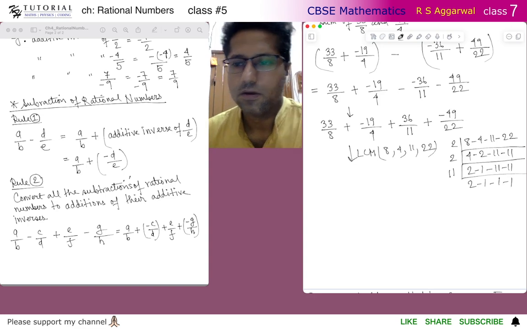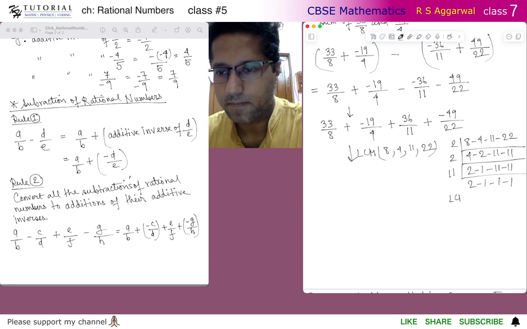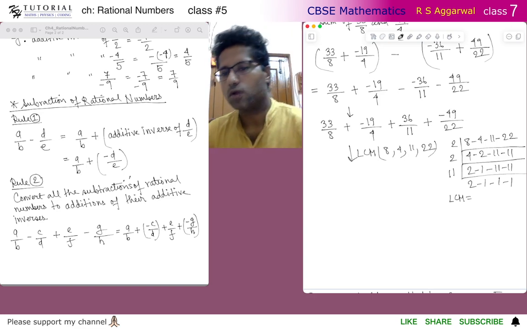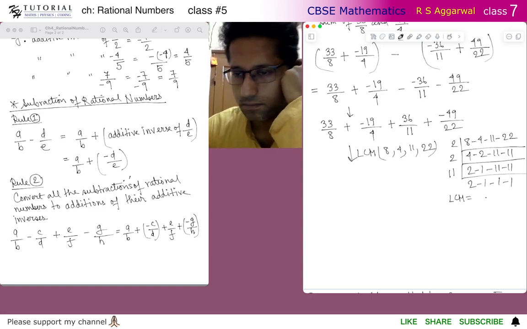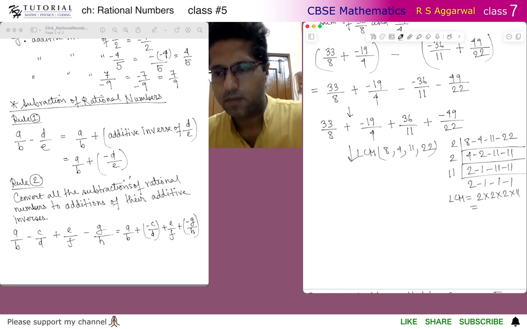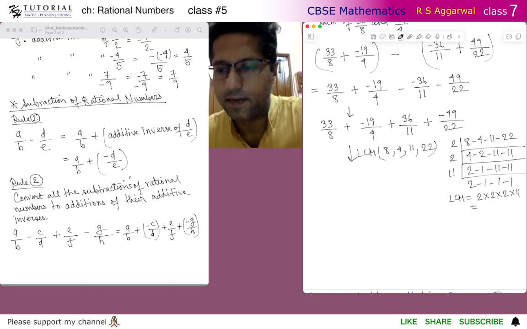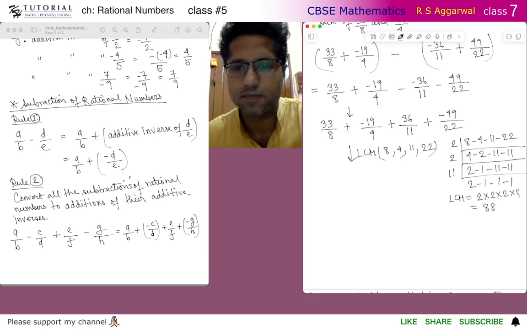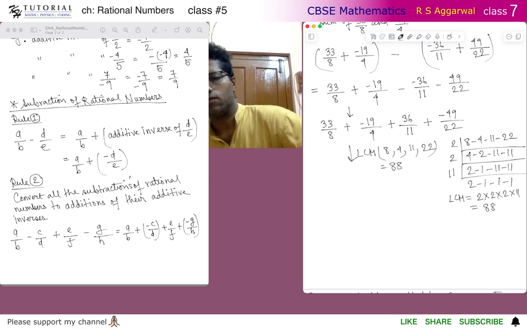So the LCM will be the product of the primes we are left with. So that is 2 into 2 into 2 into 11, which is 88. So the LCM is 88. It is not 8 into 22 but 88.